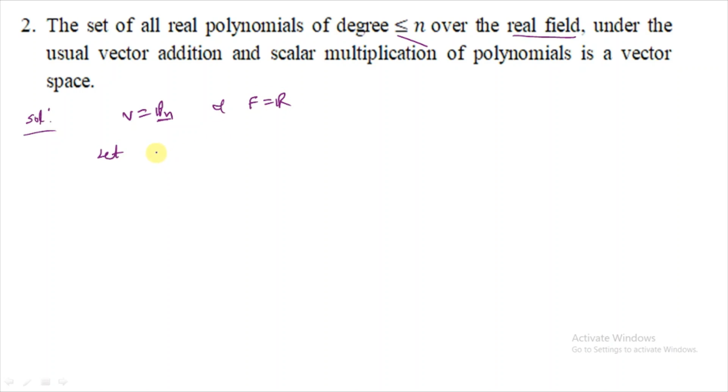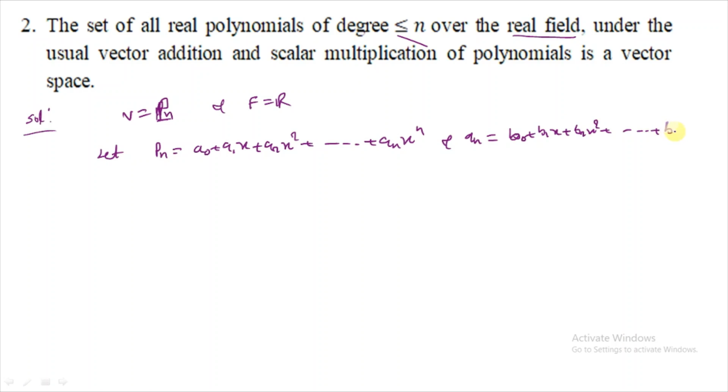Let the capital P be the set of all polynomials. Let pn equal a0 plus a1x plus a2x square and so on, an x power n, whose degree is less than or equal to n, and qn equal to b0 plus b1x plus b2x square and so on, bn x power n, belonging to the vector space V, that is Pn.